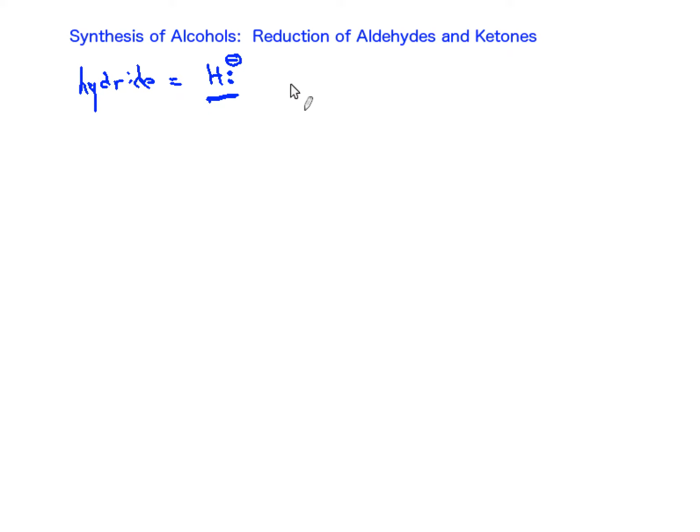And we really have two sources that we're going to think about for hydrides in organic chemistry. One is sodium borohydride. It's a very useful reagent. It's not terribly reactive, but it's usually reactive enough. And then the very reactive lithium aluminum hydride. Sometimes it's too reactive, and we'll see the use of these in these reduction reactions. Right now, we can think of both of these reagents as sources of our hydride ion.